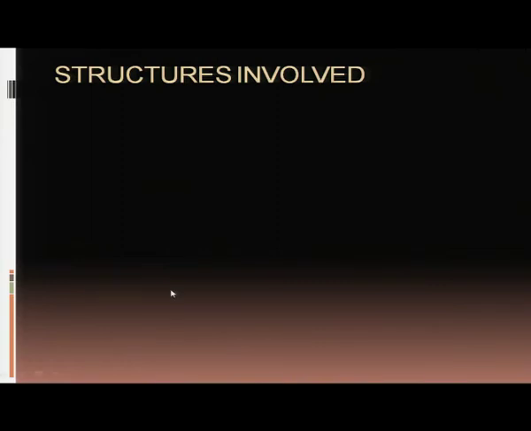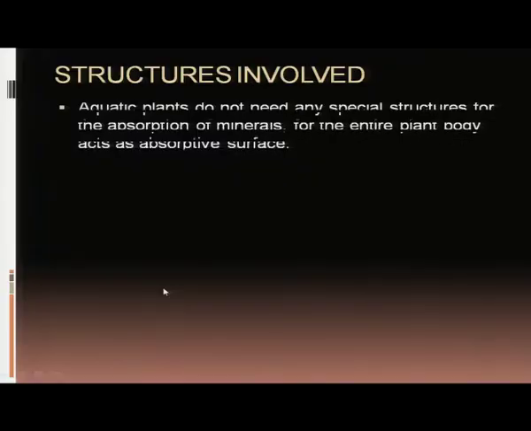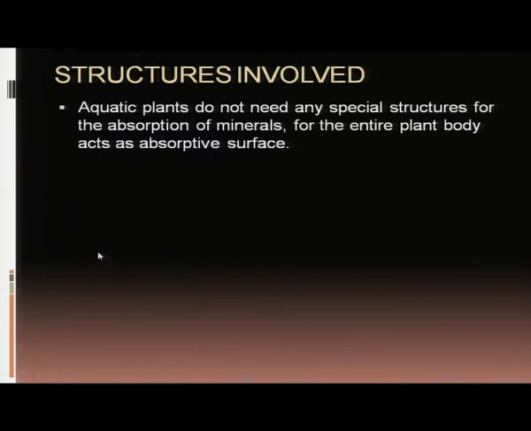So, what are the structures involved in active transport? First of all, let us talk about the aquatic plants. Aquatic plants do not need any special structures for absorption of minerals, for the entire plant body acts as an absorptive surface.